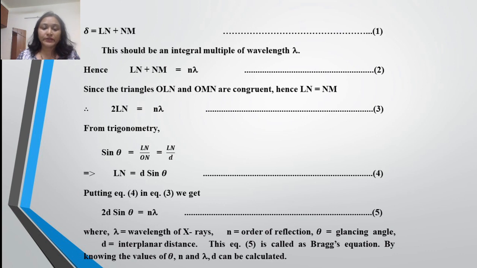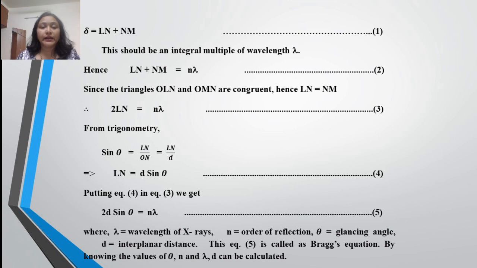Applying the trigonometric relations to triangle OLN, we get sin theta is equal to LN upon ON, that is LN by d, or LN is equal to d sin theta. Now equating equation 3 and 4, we get 2d sin theta is equal to n lambda. This equation is known as Bragg's equation.